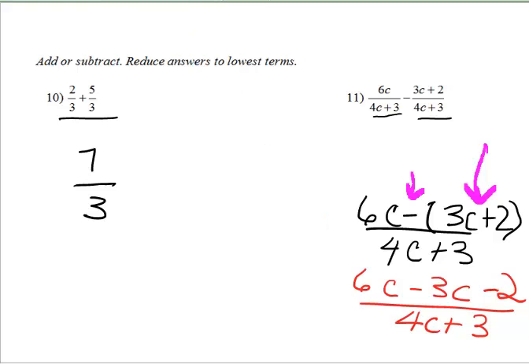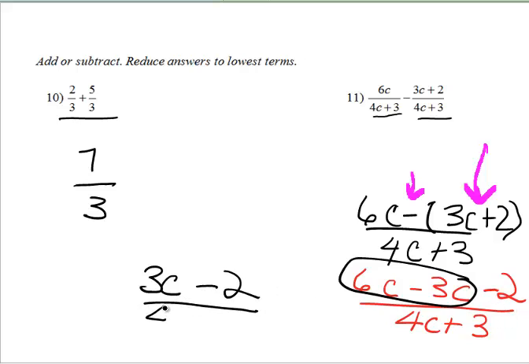And then you're going to combine your like terms. 6c minus 3c would be 3c minus 2 over here, all over 4c plus 3. Now keep in mind, you can't reduce that any more than it already is. There are no common factors in any of those 4 terms. Okay? So copy that. Stop and copy.